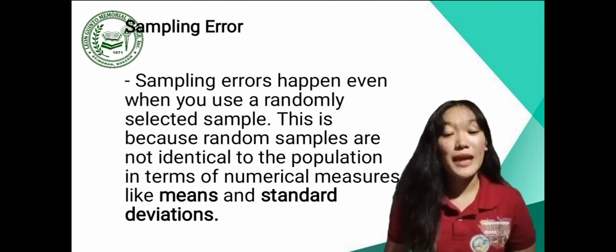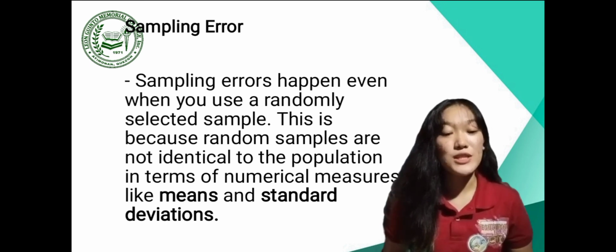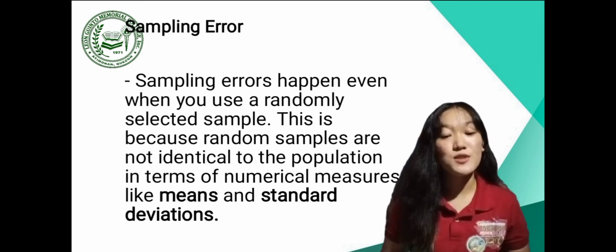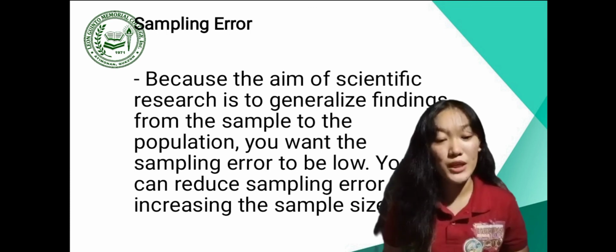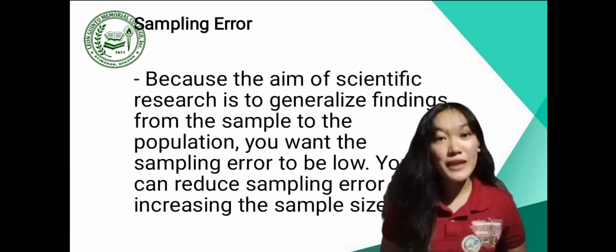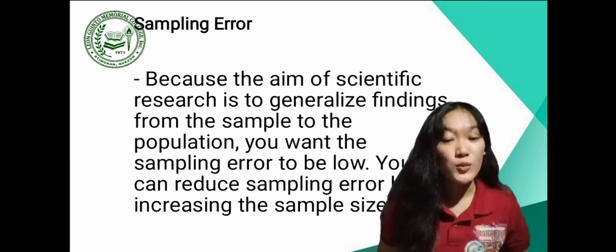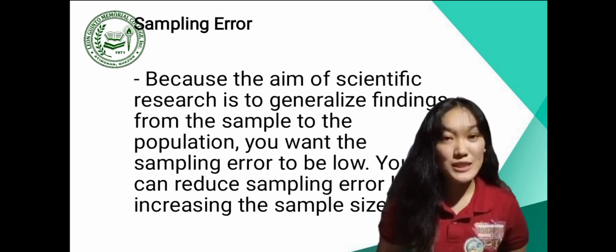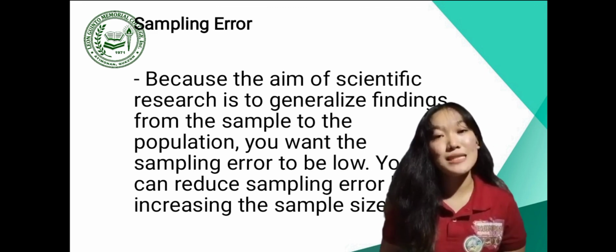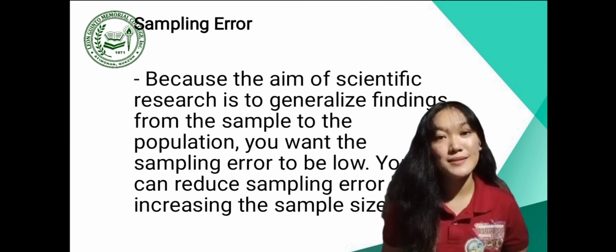And because the aim of scientific research is to generalize findings from the sample to the population, you want the sampling error to be low. You can reduce sampling error by increasing the sample size.